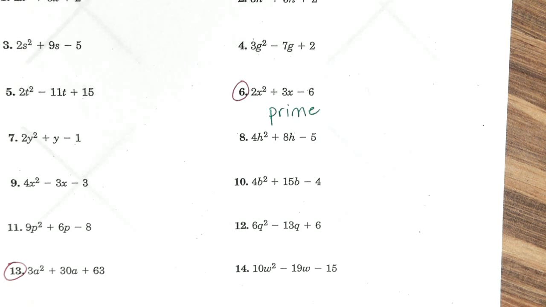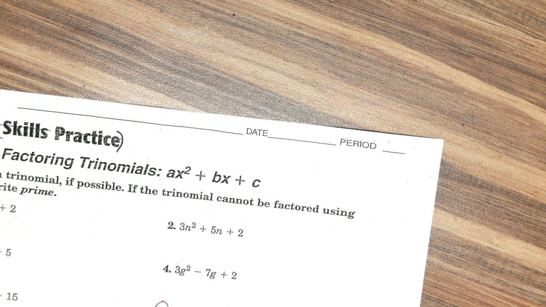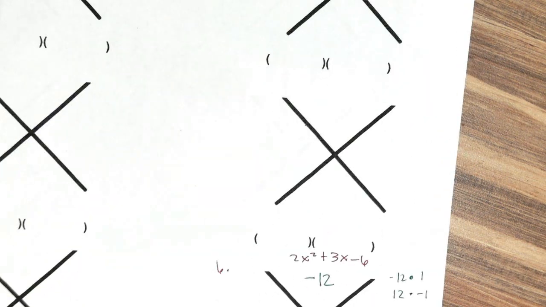Okay? Now I want us to look at, hold on real quick. I want us to look at number 13 because I did not have one of these on our notes. So go make a spot for number 13.